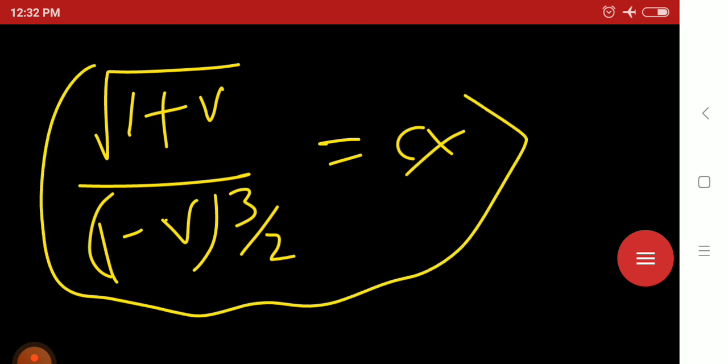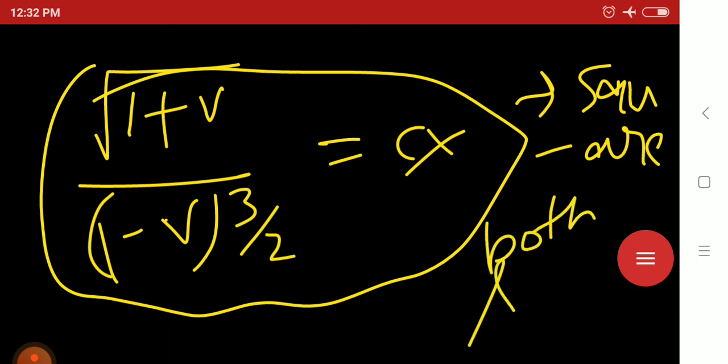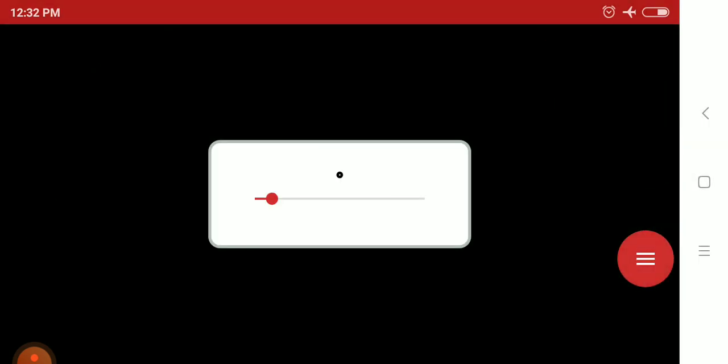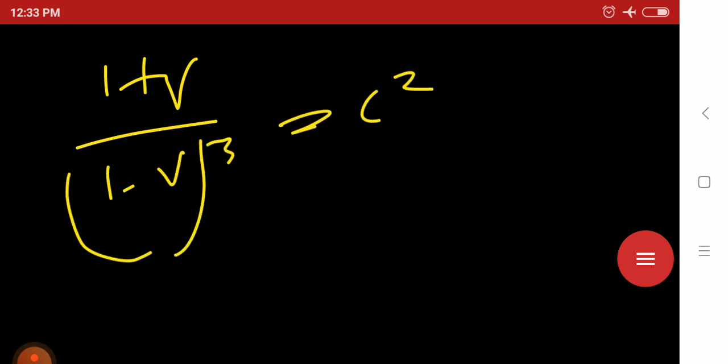Now square both sides. Squaring both sides, you will get 1 plus v divided by 1 minus v whole cube equals c square x square.